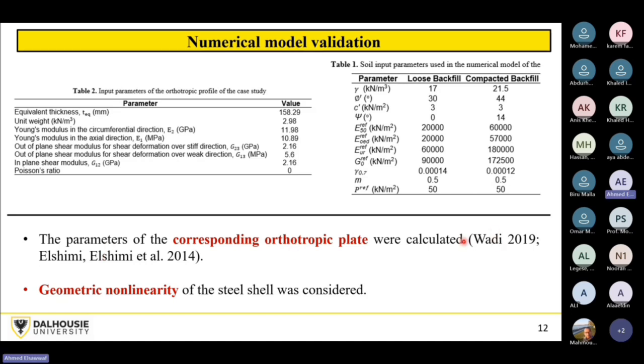I don't remember others right now. We have considered the geometric nonlinearity of the problem during the finite element modeling. That's something called the updated mesh option, and it's in Plaxis.